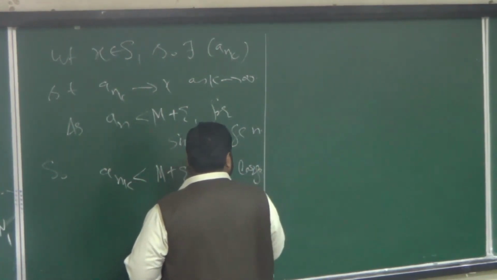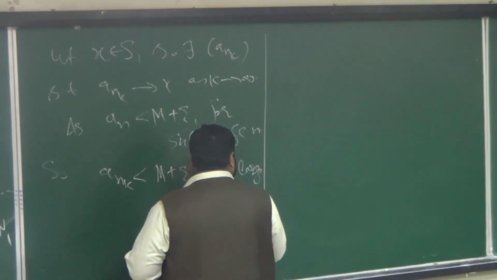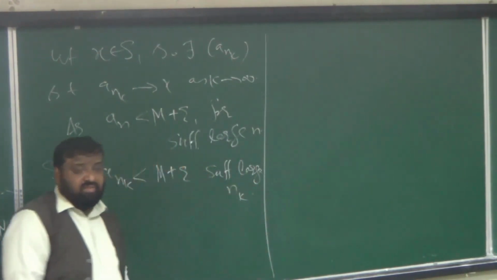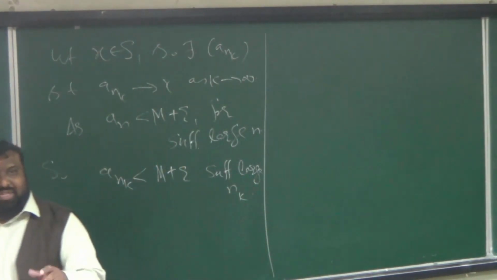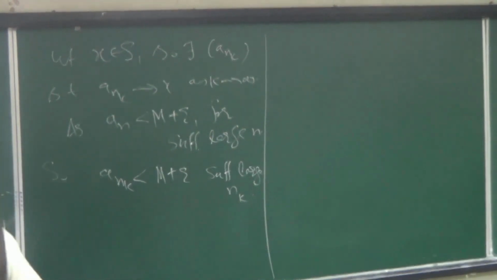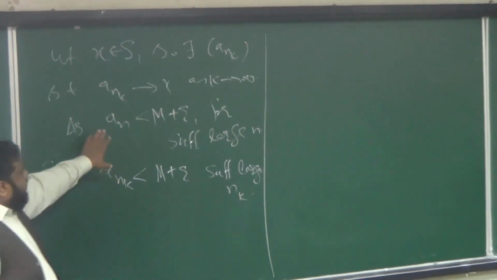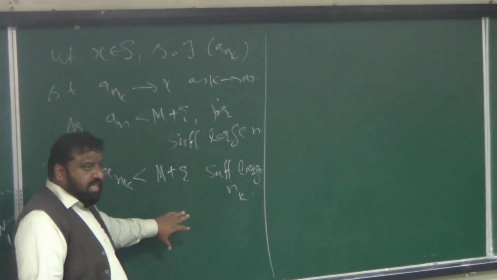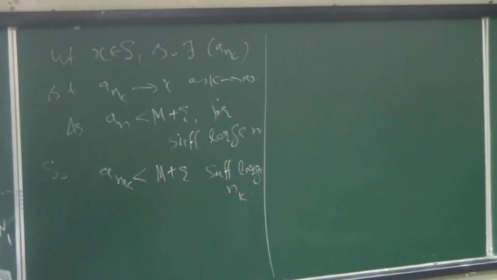And what would be that instant? We don't know, but it is going to happen. If this is happening for the sequence, then this must happen for the subsequence. Agree?